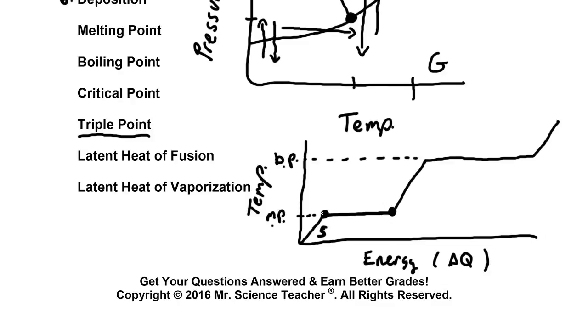We have solid ice over here and liquid water over here, all at the same temperature as I change the state of matter. But there is an energy change for that. And that energy change is calculated by the latent heat of fusion, L sub F. So that's what I'm going to use for that.